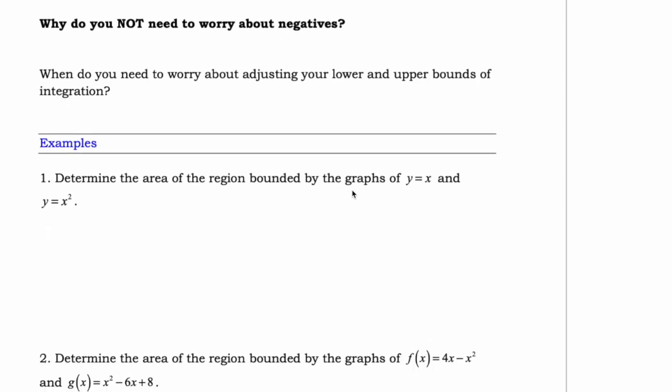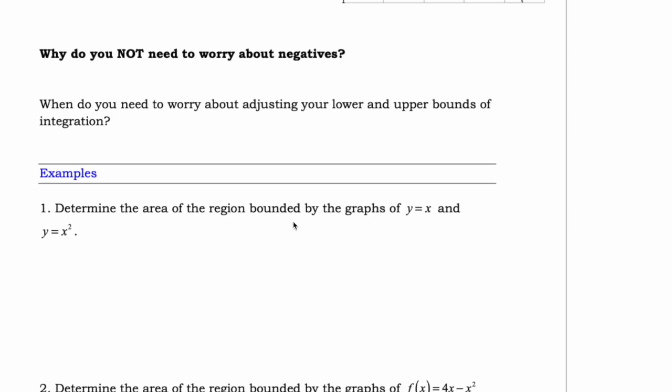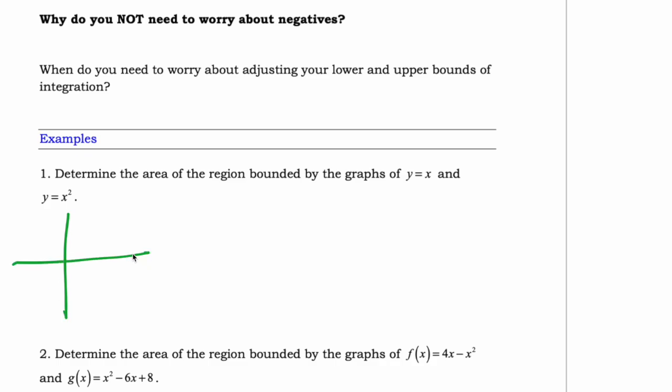Okay, so determine the area bounded by these graphs. So we need to know what it looks like first of all. Y equals x looks like this. It's a straight line. Y equals x squared looks like, let me draw that a bit better, like that. So the area we're talking about is there. They intersect at 1, 1, and start at 0, 0, obviously.